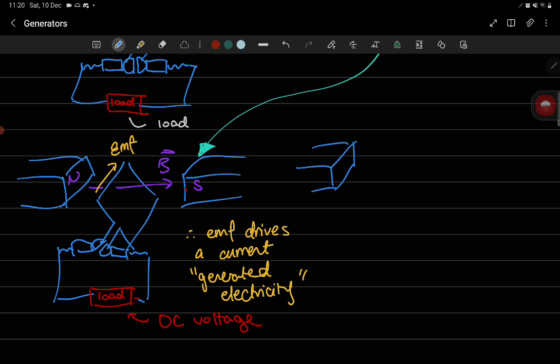And you can make a similar argument for an AC generator as well, just as easily. The components that make up an AC motor are almost identical to the components that make up the AC generator.